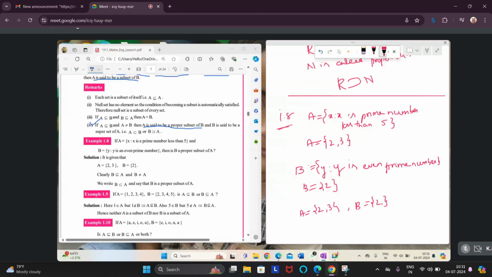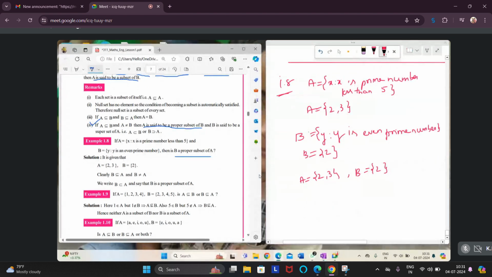Then b is a proper subset of a. Is it right? Yeah, sir. So b అనేది దీనికి ప్రాపర్ సబ్సెట్ గా ఉంది. It's not equal. So this is a proper subset and a is a superset of b.